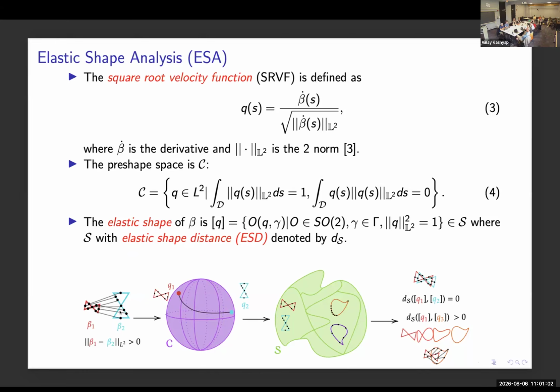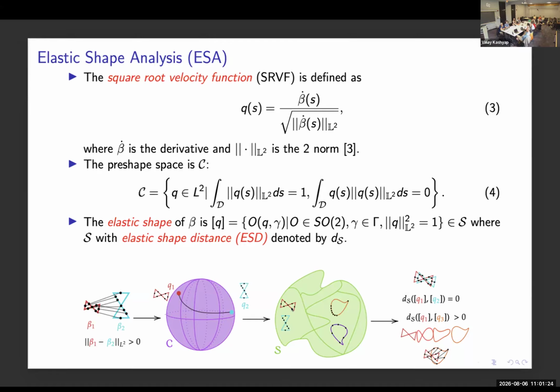So I've kind of taken out location. You can also add a constraint if you want to center your curves. And then it also has this constraint to scale to be the same. So I've removed differences due to scale and location, but I still have differences due to rotation and parameterization.